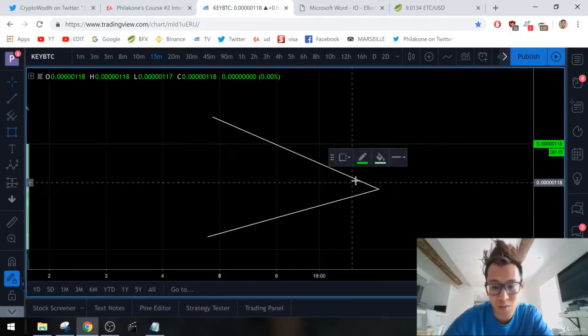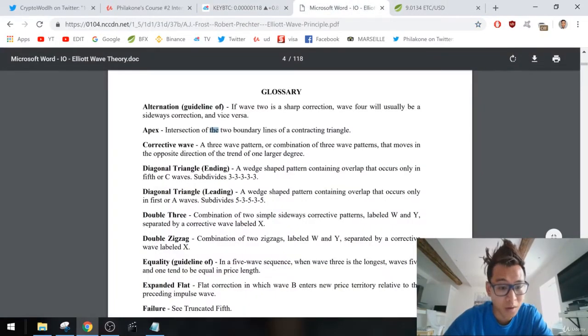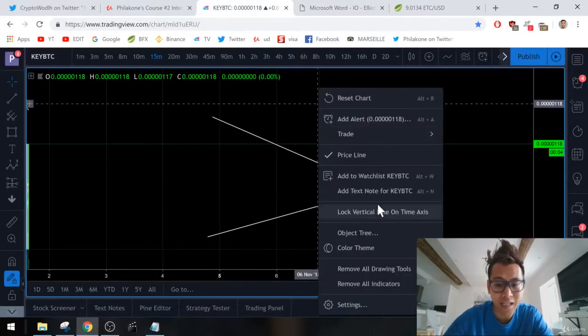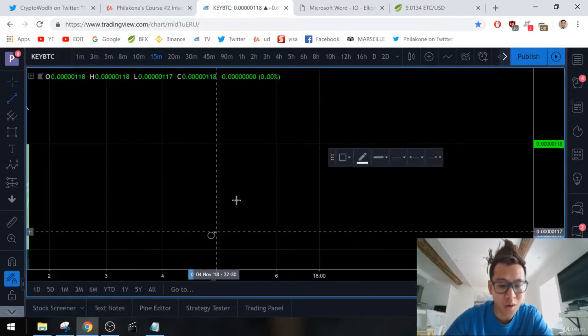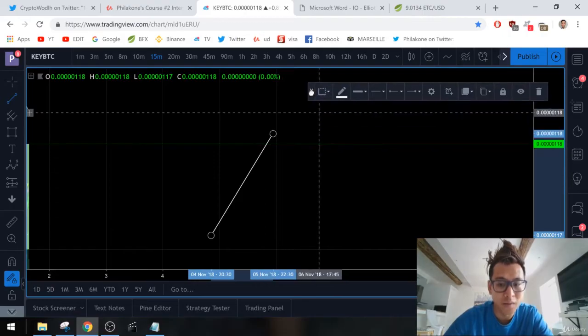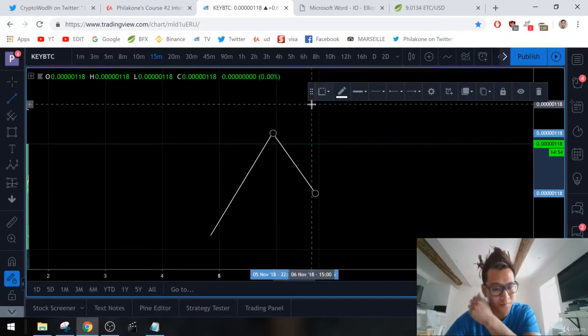So this is referring to an apex. And then we're going to define more. We're going to talk about corrective waves as well. A corrective wave is something that is against the trend. So if we have an impulse wave going upward, then we have a wave coming down, that's a corrective wave.